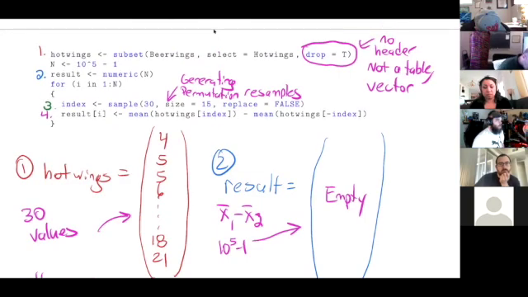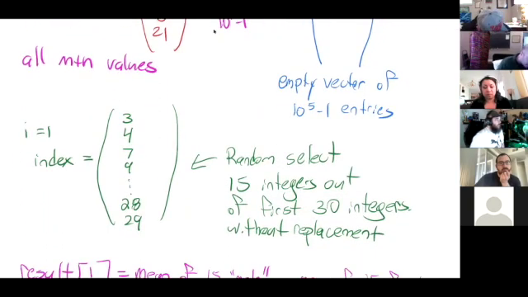So, when we do something like this, one possibility is that it's going to pick 15 numbers randomly between 1 and 30 without picking the same thing twice. Once a number has been picked, it can't be picked again. So maybe I do this for the first time through that for loop when i is 1, and I get a bunch of values over here.